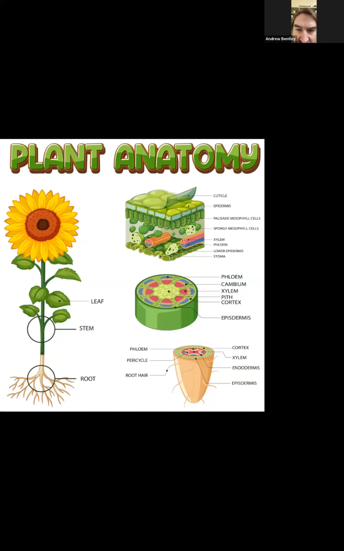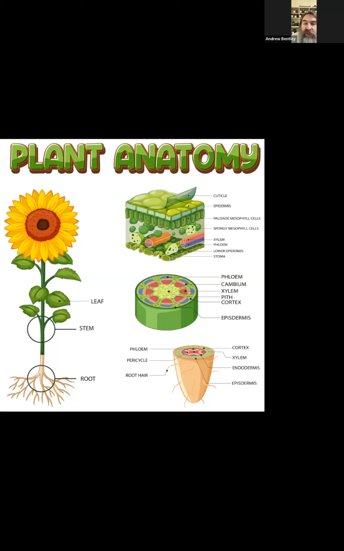So inside these cells are chloroplasts, which catch sunlight and use it to run metabolism, use it to make food. And they are also the organs of respiration for the plant. So it's breathing in carbon dioxide and breathing out oxygen and water vapor, especially from the leaf all the time.